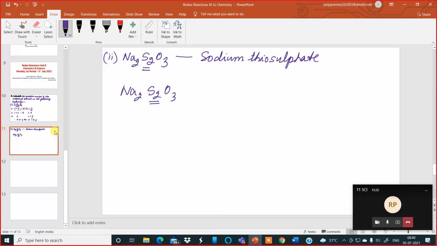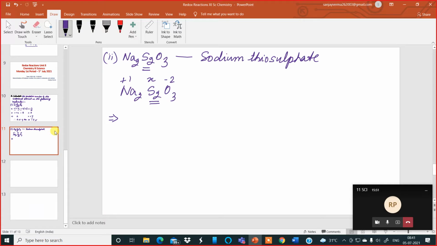Now let the oxidation number of sulfur be X. Okay. Now sodium valency is +1, so I write over here +1. Oxygen valency is -2, so I write above oxygen -2. Now next line, I will start doing the working.